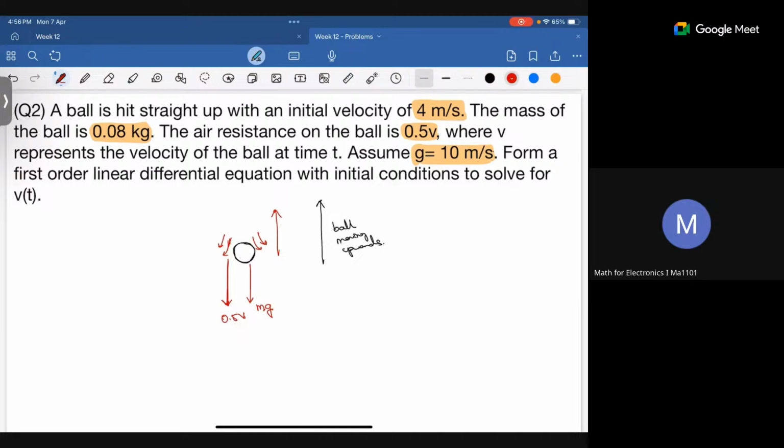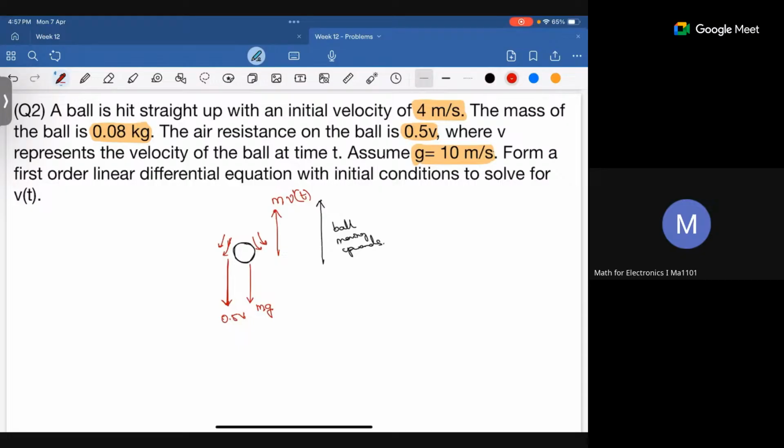Since it has some velocity, it is hit with some initial force, which is ma, where a is acceleration, the derivative of velocity or the speed.